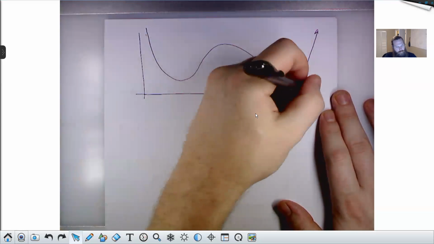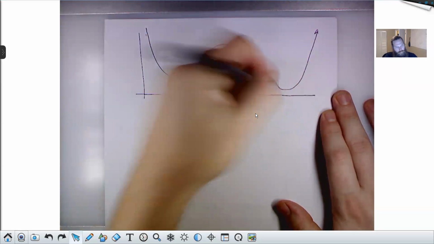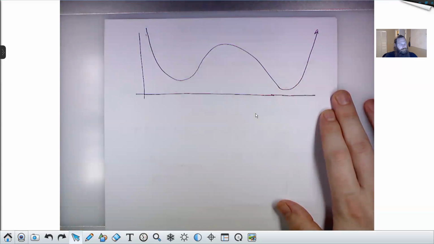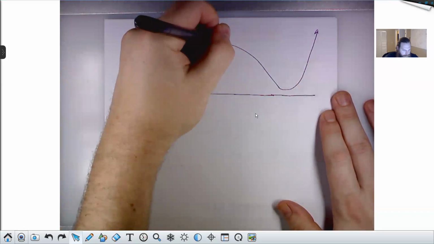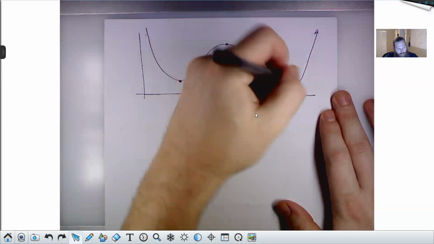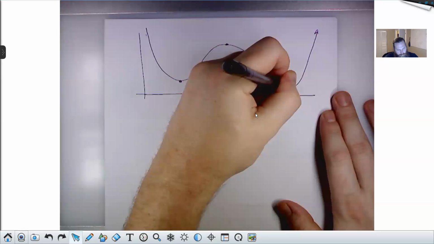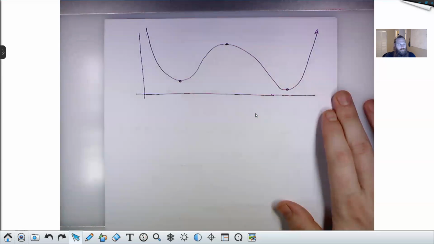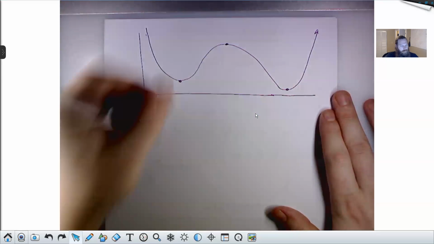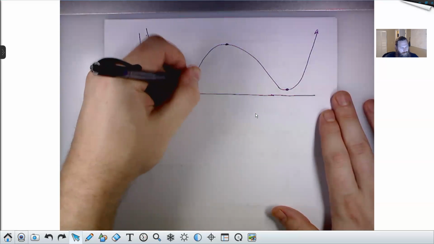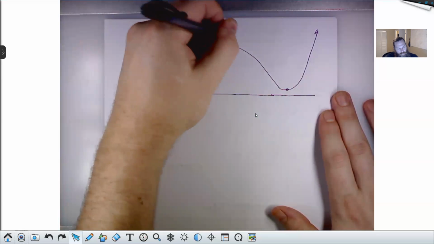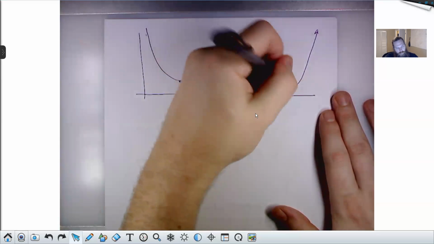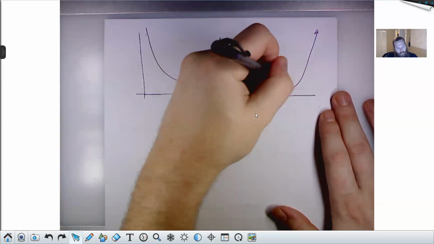So how about like this? I think we would all agree that right here, right here, and right maybe here, we have local extrema. This would be a local min. This would be a local max. And this would be a local min.